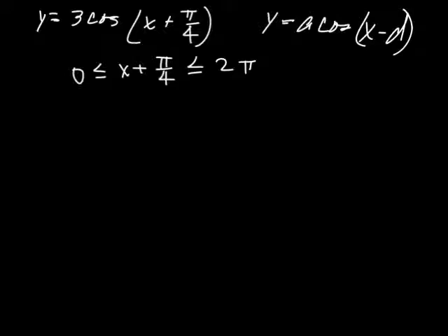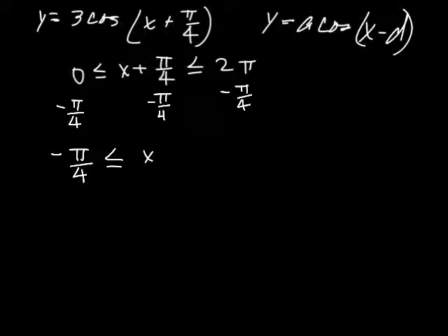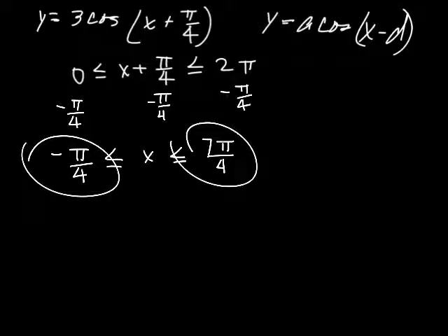Then we subtract pi over 4 from all the sides, and we get negative pi over 4 is less than or equal to x, which is less than or equal to 2 pi minus pi over 4, which is 7 pi over 4. So there are our two endpoints.